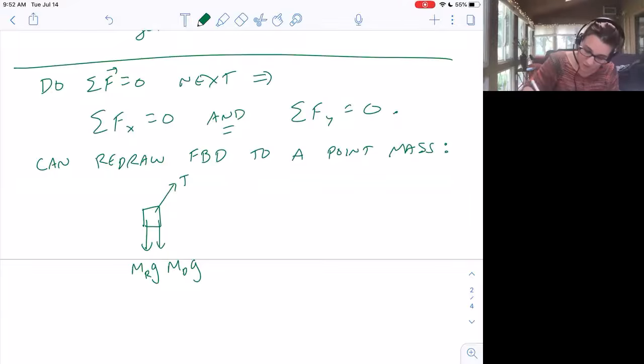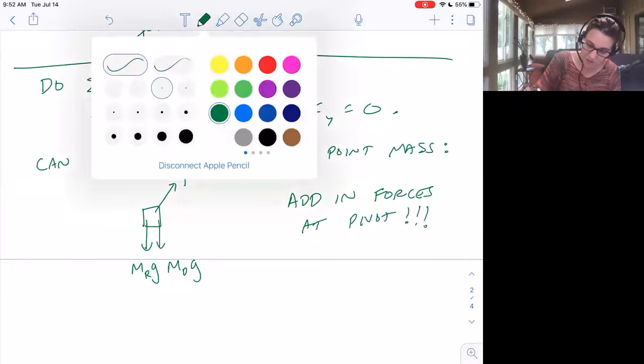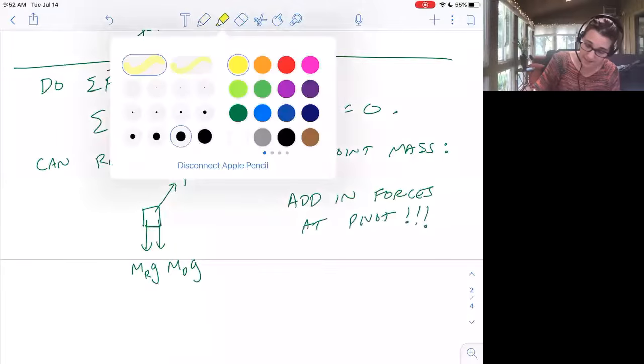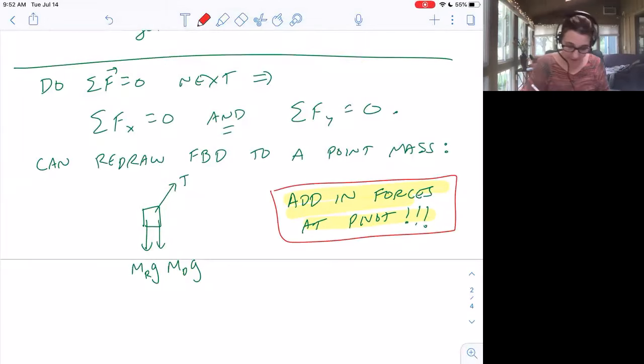And then what you can do is add in the forces at the pivot. That's going to be a key idea here: you need to add in the forces at the pivot. So what that's going to look like in this case, first of all, sometimes you can guess at the direction. In this case, I know there has to be a force at the pivot in the x direction that's acting to the left, or else this whole thing is going to move to the right.